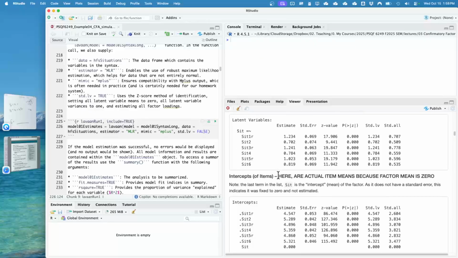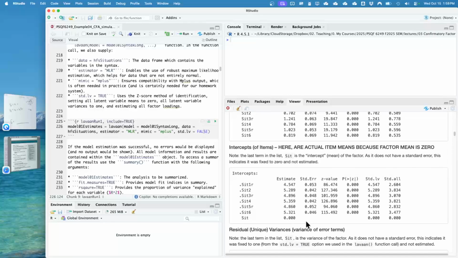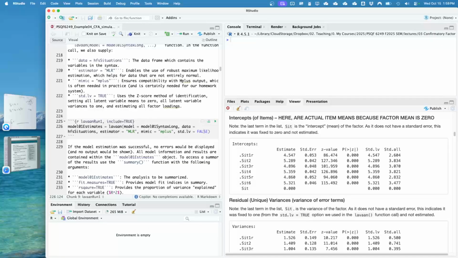So what this will tell you is, this is basically the correlation between the item and the factor. Now we get into intercepts.